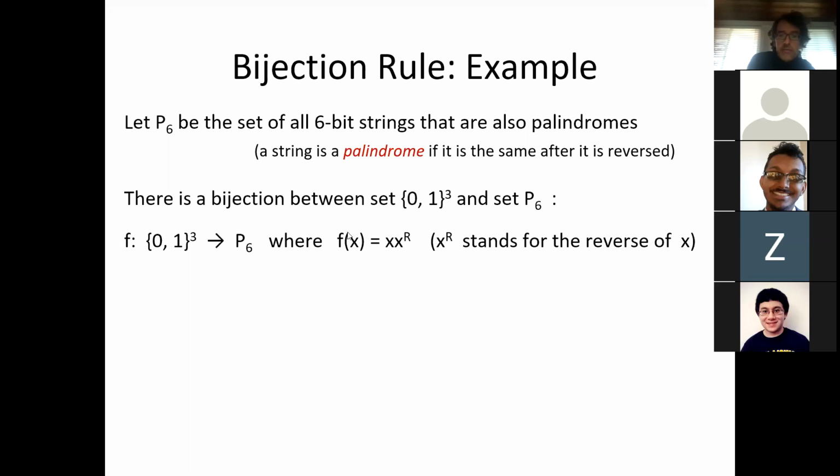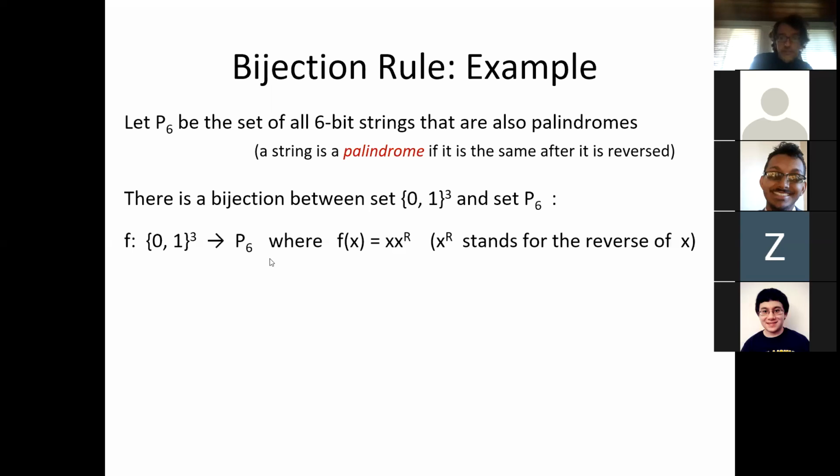Is this a one-to-one function? First, the domain and range check out: clearly you're getting something of length 6. Are you getting palindromes? Yes, because of the definition of a reverse: it's the same string x, but read backwards. So you can see that it's a palindrome.